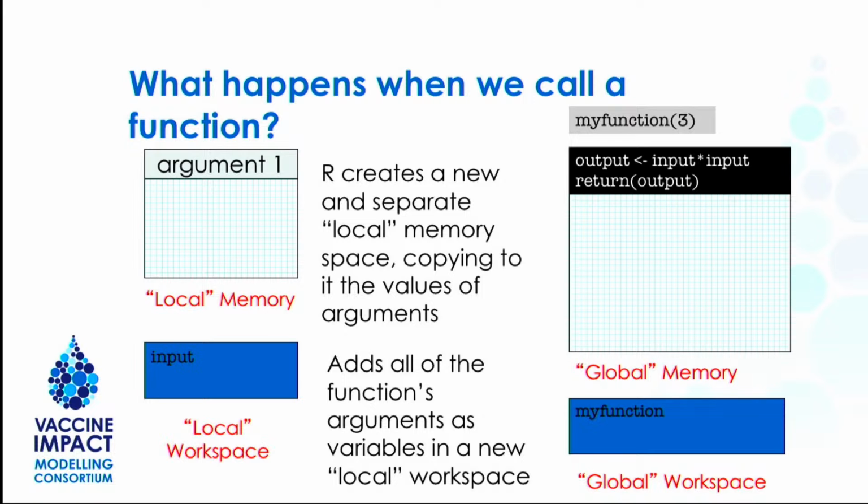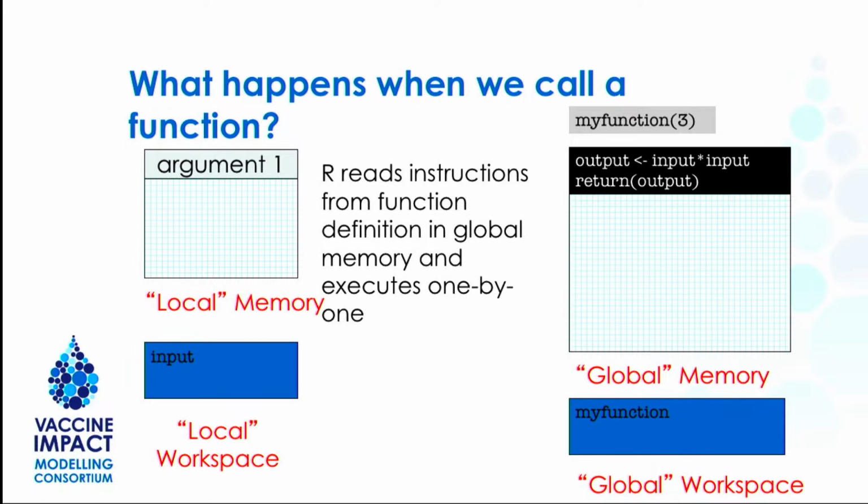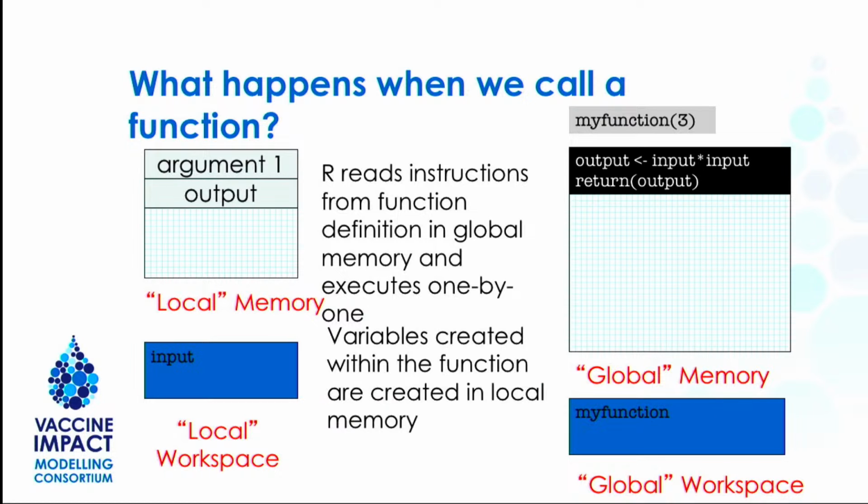When you run a function, it makes its own special, secret local memory. In that local memory, it places the value of all of the arguments that you pass to the function. So a copy is made: it takes the value and copies it to another argument.